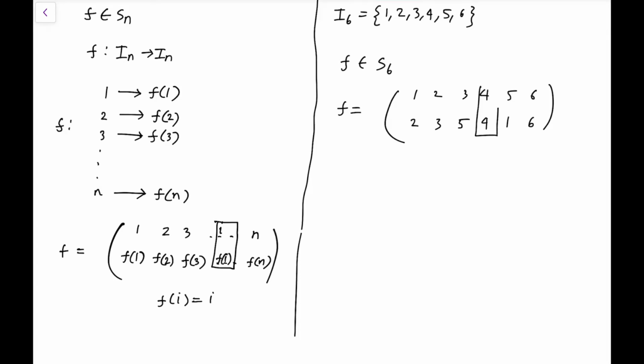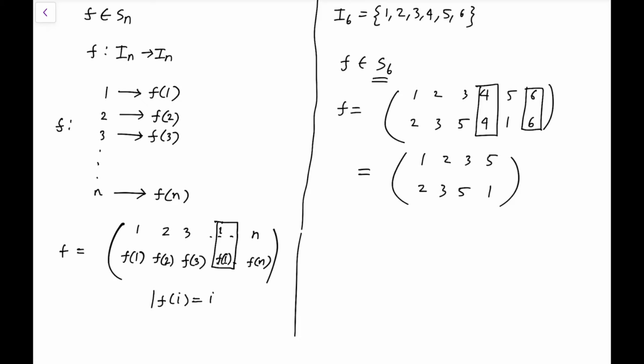So we are seeing that there are two elements where the mapping is identical. So we'll write this in a simplified manner like this: 1 2 3 5, like this. And we will also have to mention that f is a member of S6.